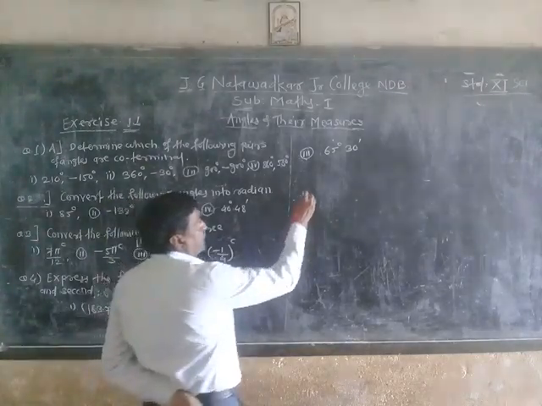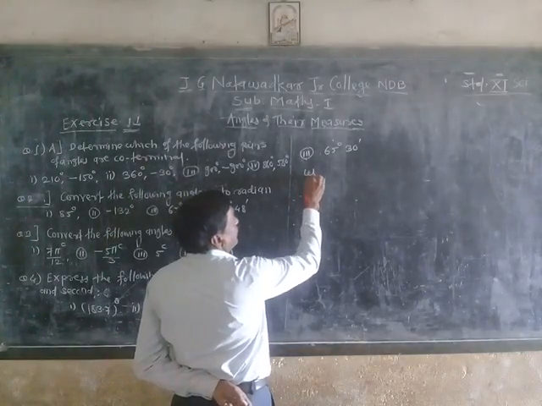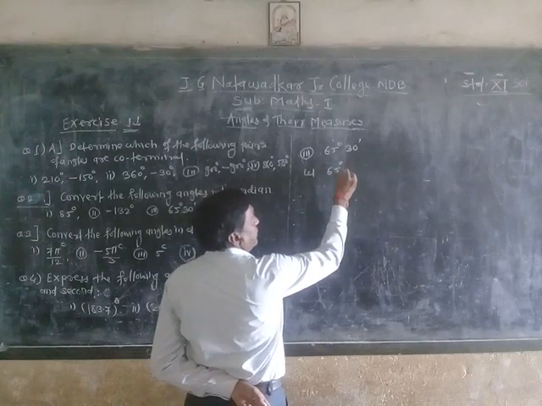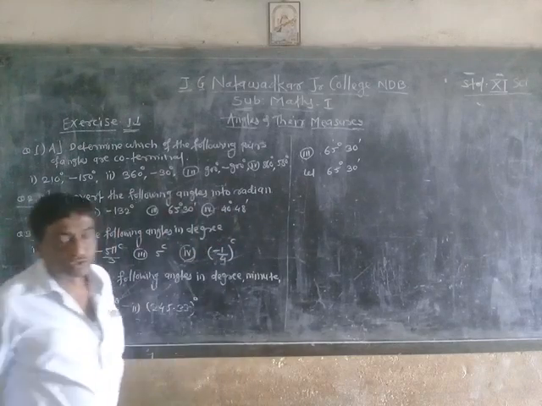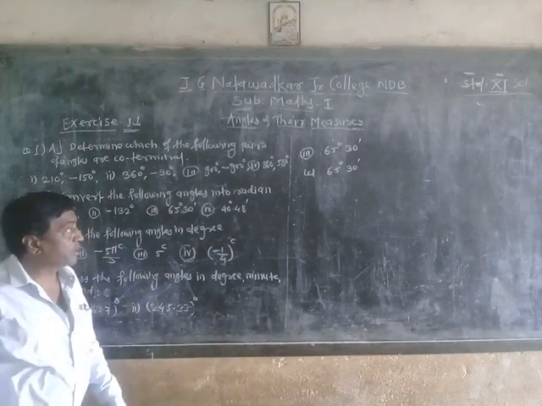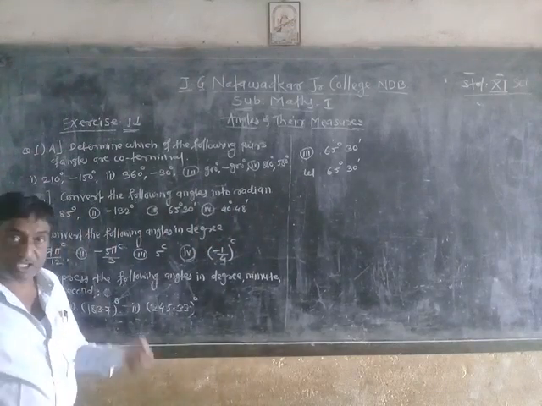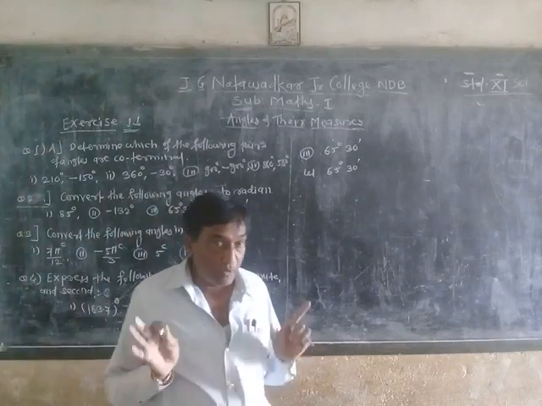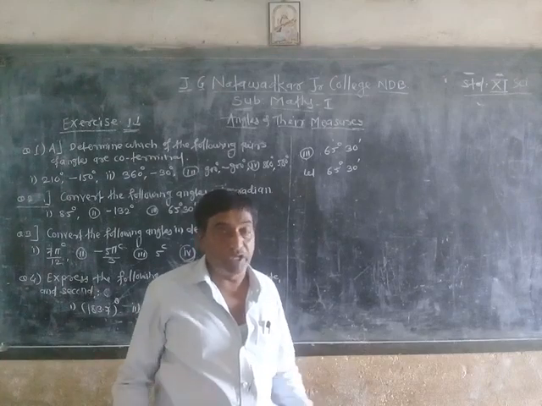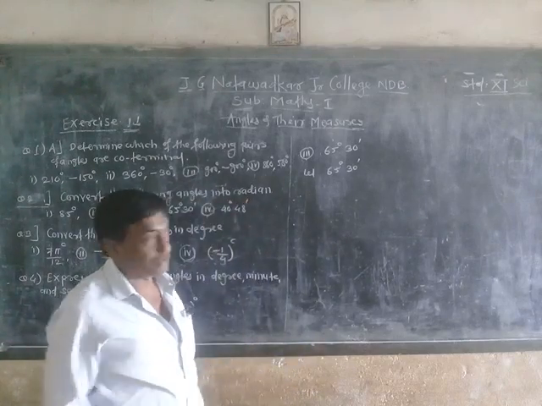So the answer will be, students, let 65 degrees and 30 minutes. Here there are two units, degrees and minutes. So first of all I will convert this given measure into a single unit, that is degrees.